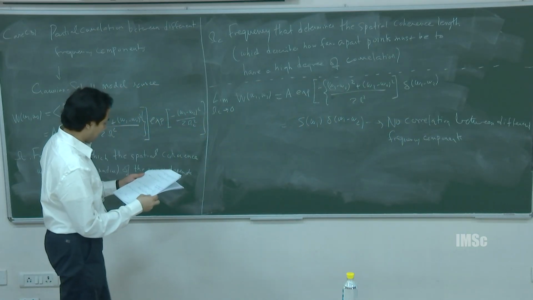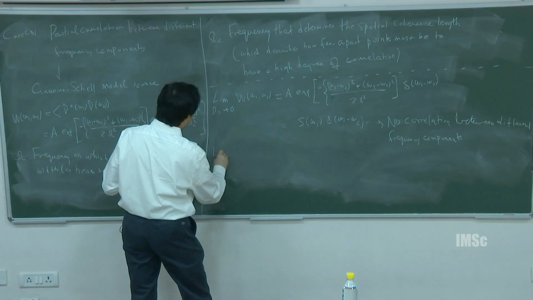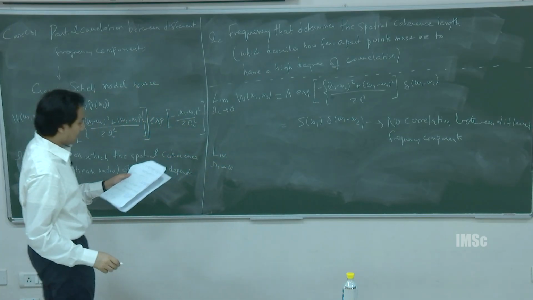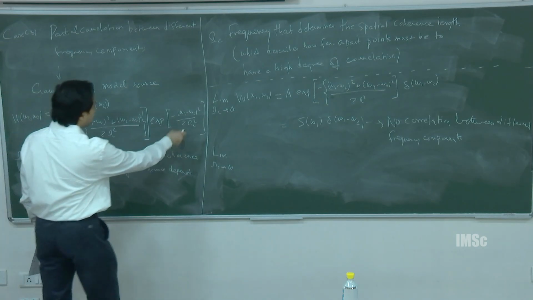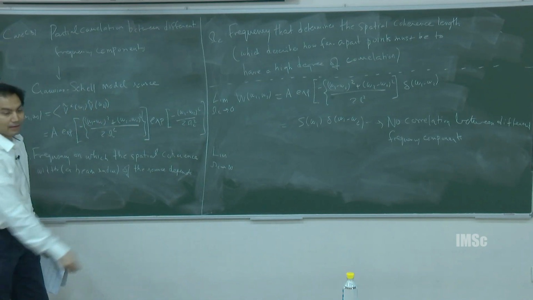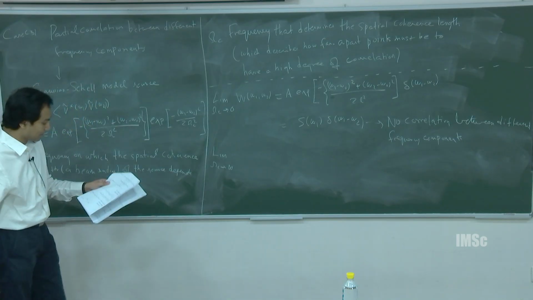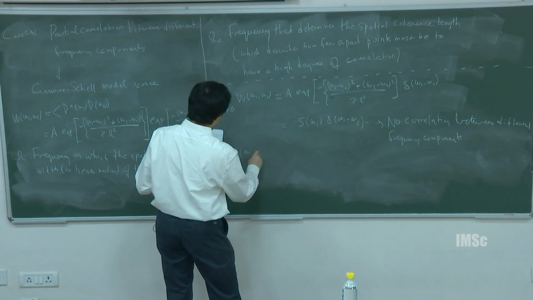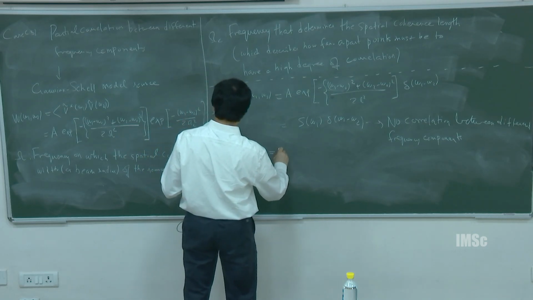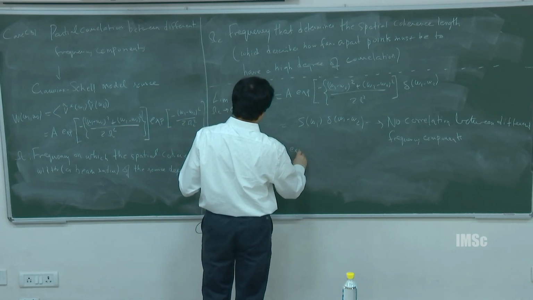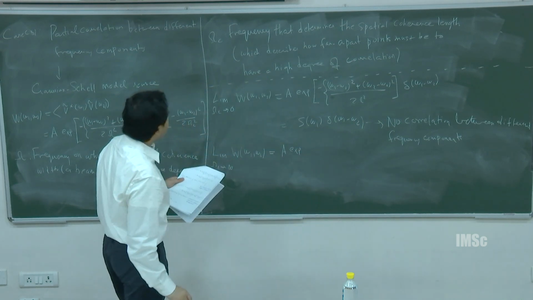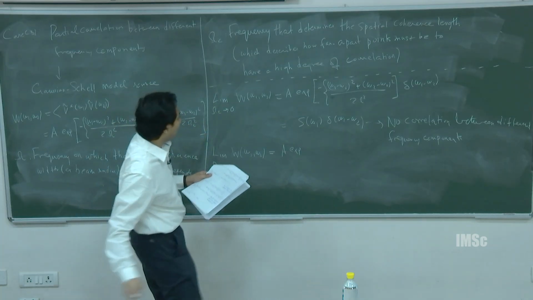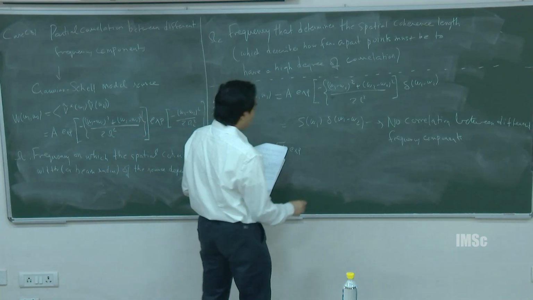Now let us take the second case, omega c approaching infinity. In that case, the second exponent becomes 1 when omega c approaches infinity. So simply we have the first term, which can be written as a product of two exponents.